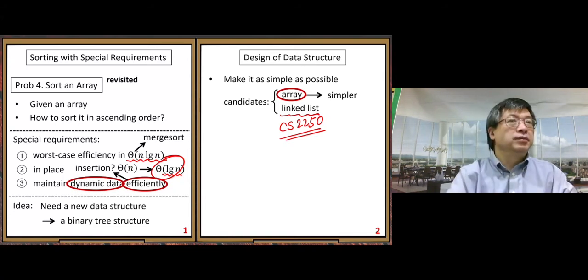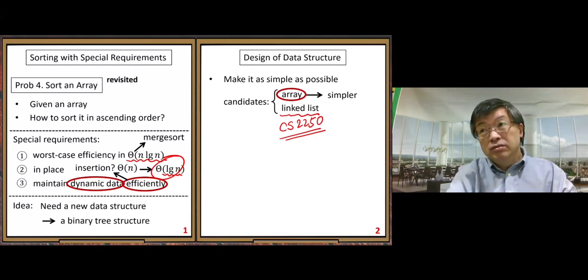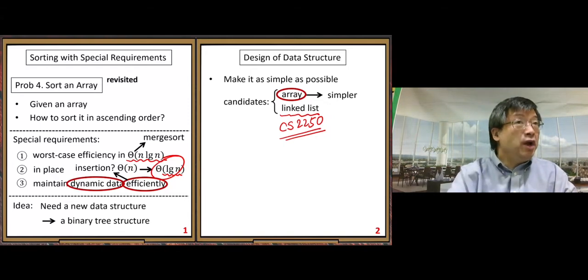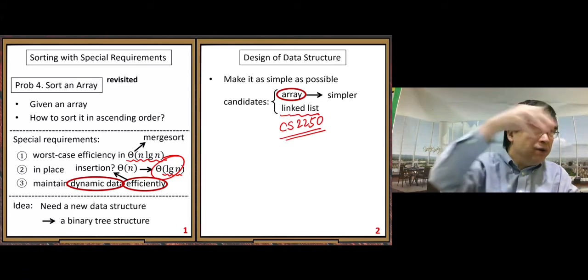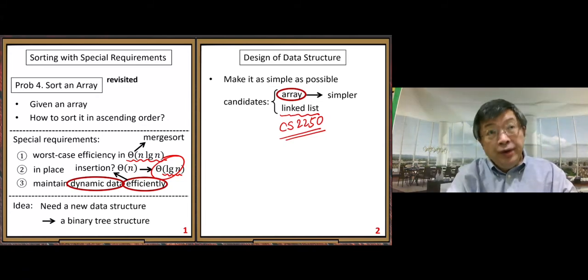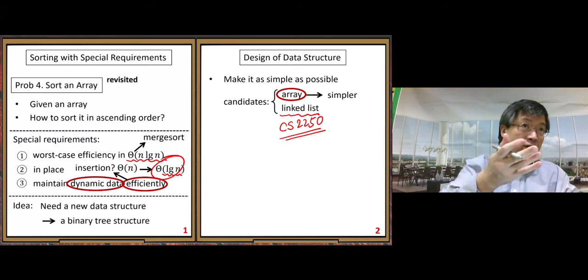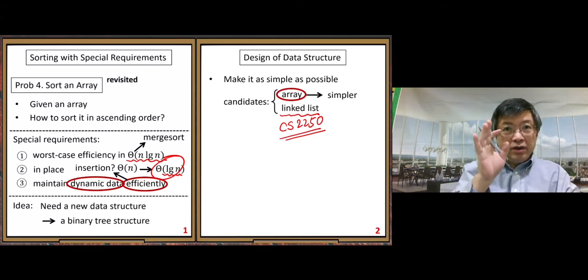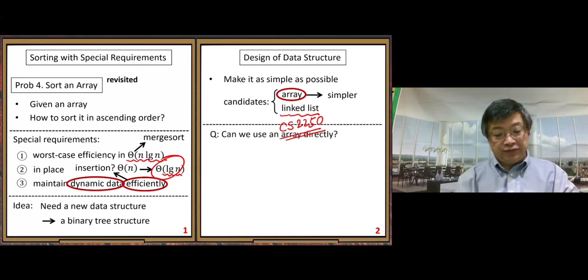The question is, does it work? Can you use array to implement a binary tree without using pointers? That is the most obvious technical problem we need to solve. Otherwise, we cannot use array. All right, so we look at the next question.